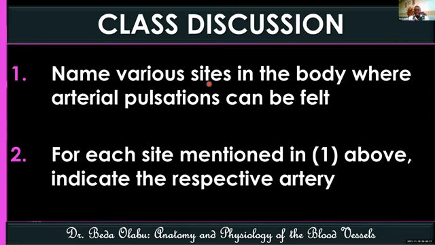So that is a site, anterior wrist laterally. And the artery there is the radial artery. So that's what I want you to do for the other sites.